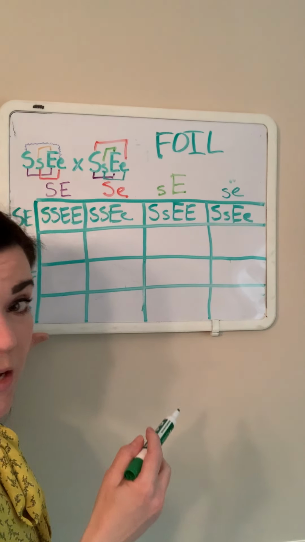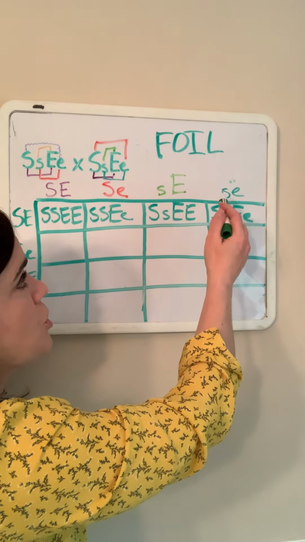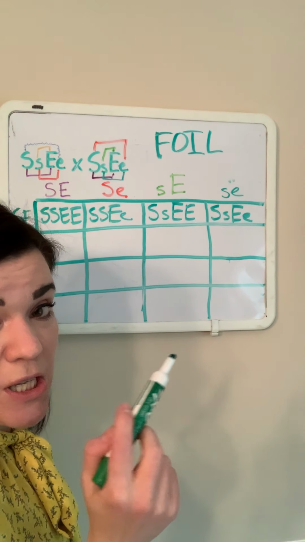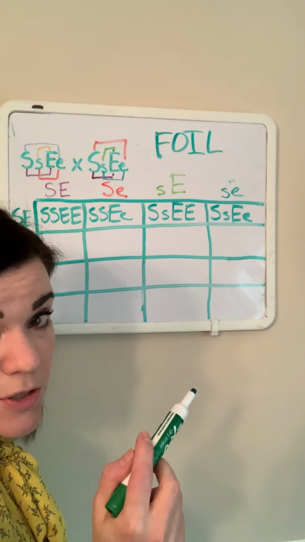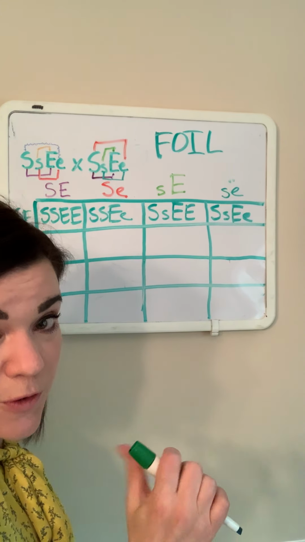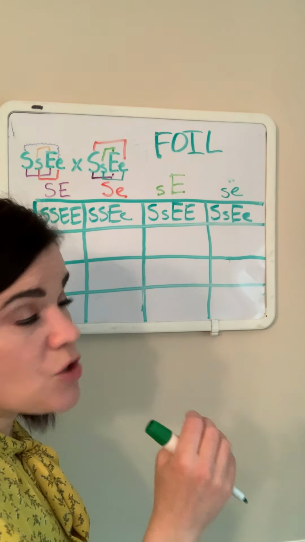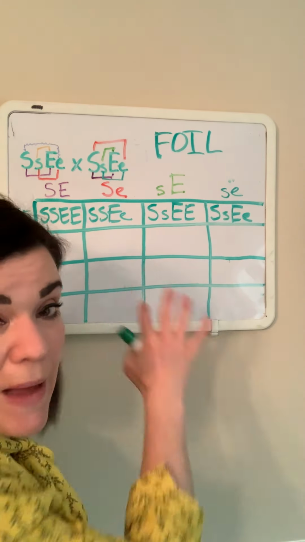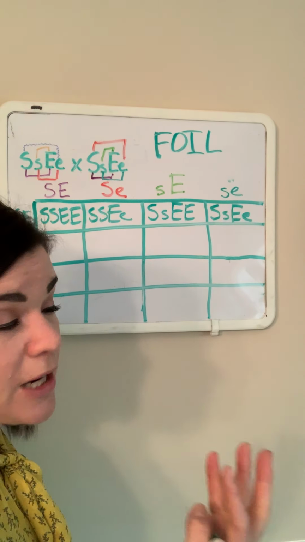What I also recommend is that you're consistent about putting which trait first. I'm always putting the S first, the fur color, the spots or the solid, and I'm always putting the capital letter first. If you don't do that, it will be very hard to look back at this and figure out the different phenotypes, the physical characteristics.